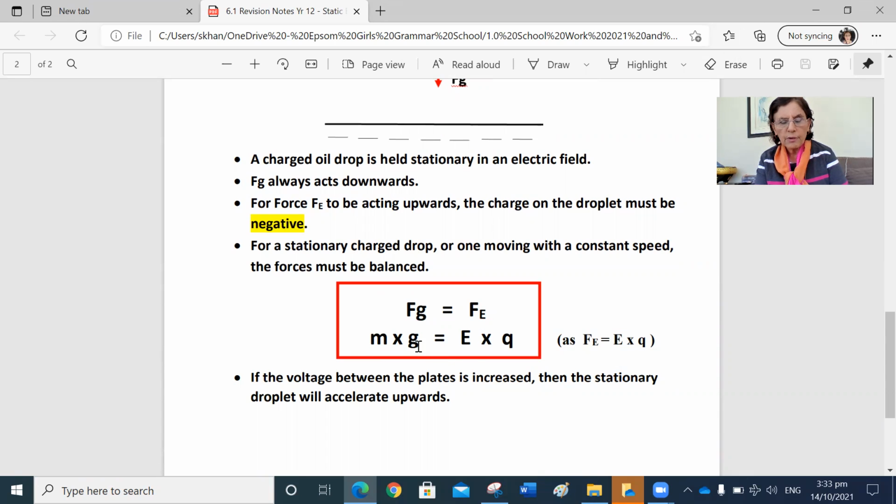Using this equation, we can calculate Q, the charge on the oil droplet, where E is the electric field, g is the gravity, which is 9.8, and m is the mass of the oil droplet. Using this equation, we can find the charge on this oil droplet, and that was the famous experiment.